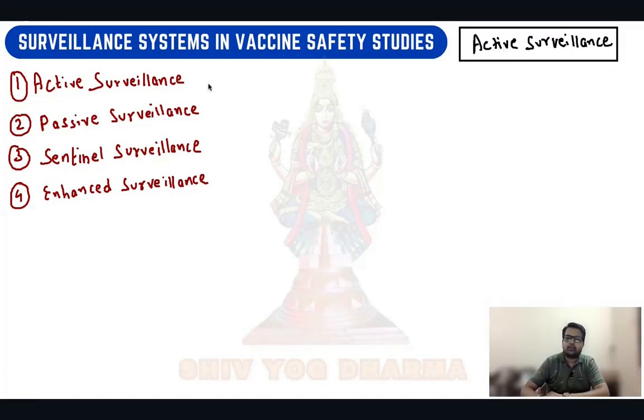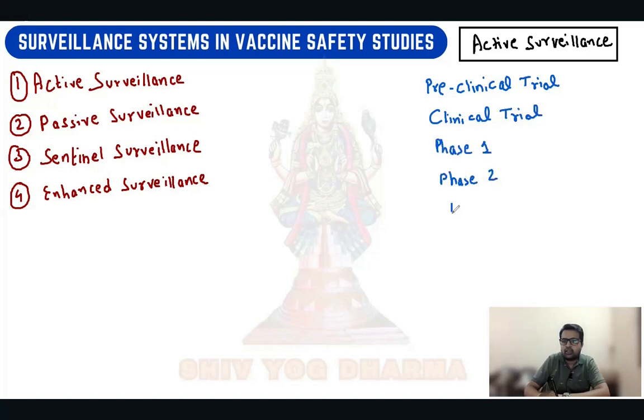First we have to understand that when we do a vaccine safety study, or test the safety of the vaccine, we do it in different phases. There will be a preclinical trial, then a clinical trial, then phase 1, phase 2, and phase 3 clinical trials. We do all these trials to find out adverse events following immunization.